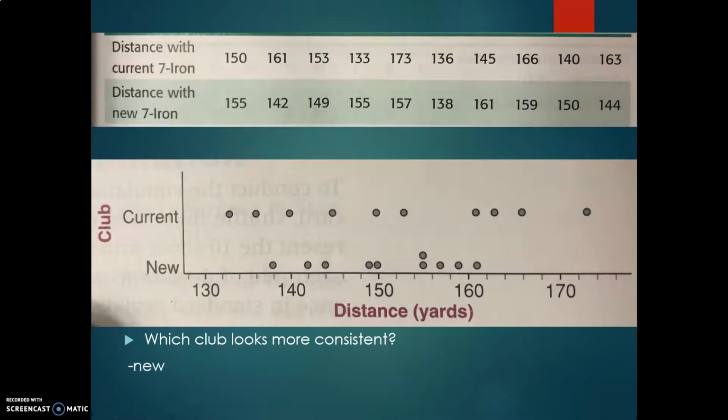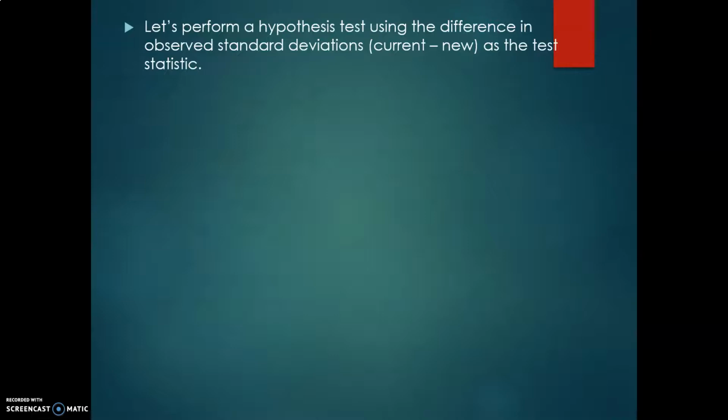Okay. So hopefully you all were able to pick that one out. So let's perform a hypothesis test using the difference in observed standard deviation, the current club minus the new club, as the test statistic, just like we've been doing all along. What would our hypotheses be? Remember, we have to have a null hypothesis and an alternative hypothesis.